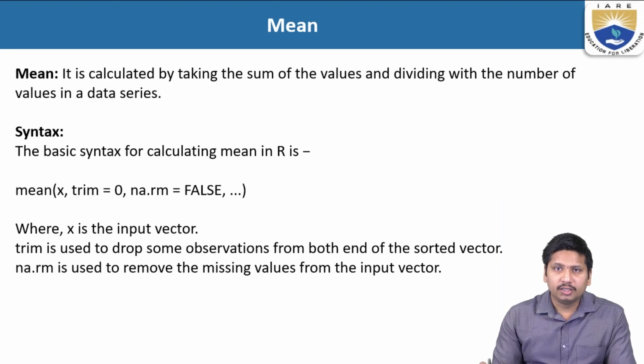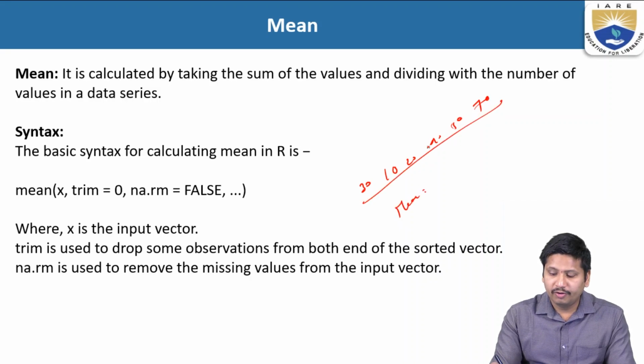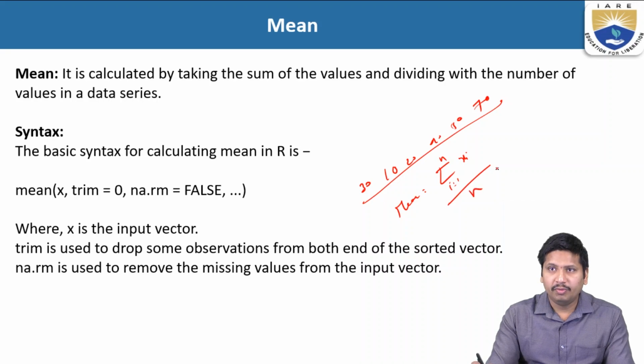So we have a set of values like this, and the mean is calculated as the sum of all the values divided by the number of values. This is represented as the sum of x of i, for i equal to 1 to n, divided by n.